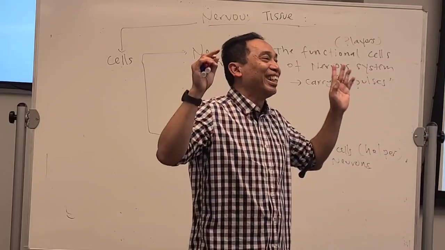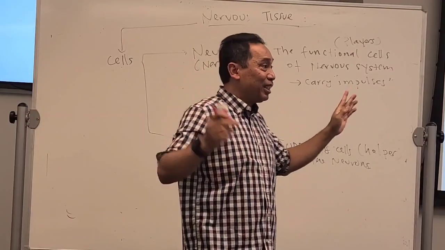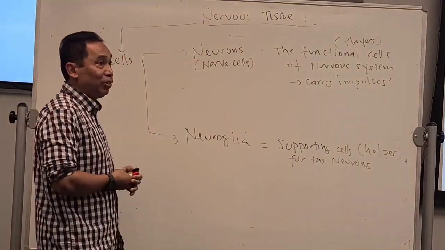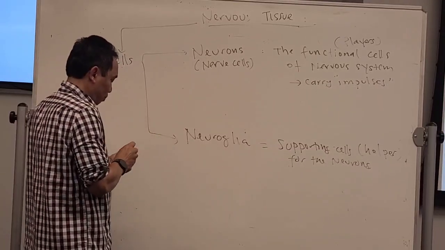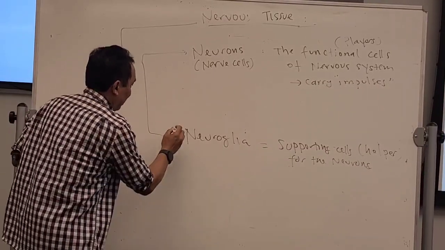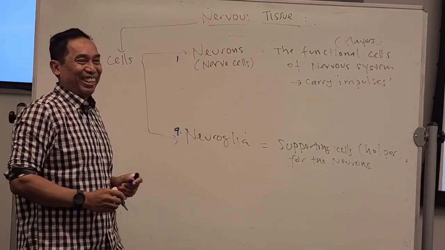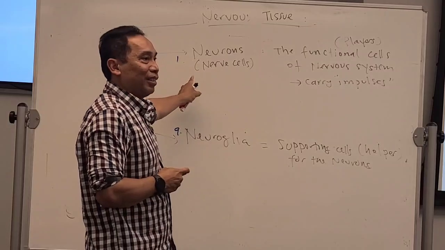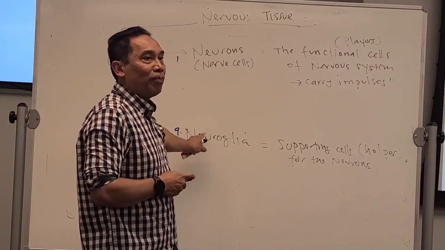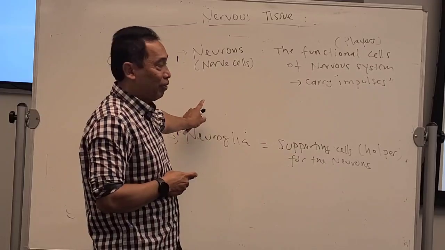But basically, there are more supporters than players, right? The same thing with your nervous tissue. Every nine supporters have one neuron. That's the ratio between neuroglia and neuron. So basically, we have more neuroglia, more supporters, in our nervous tissue.